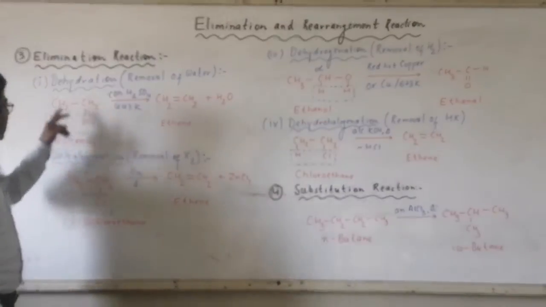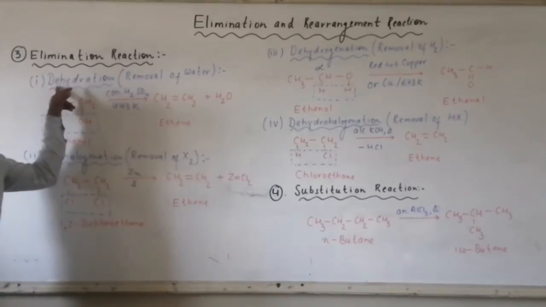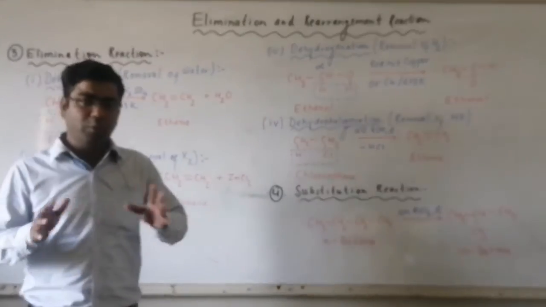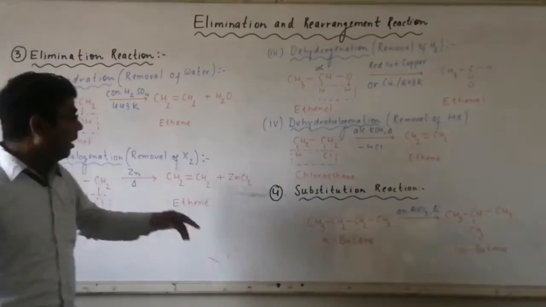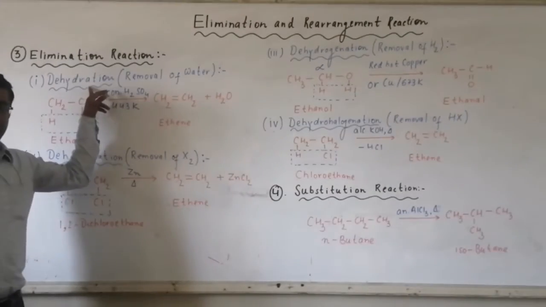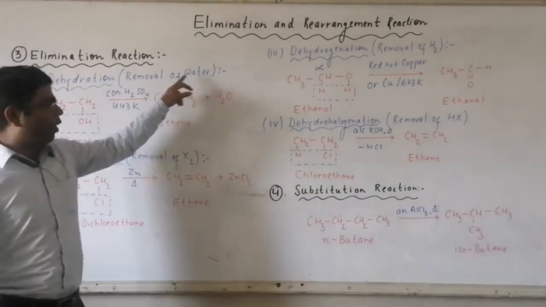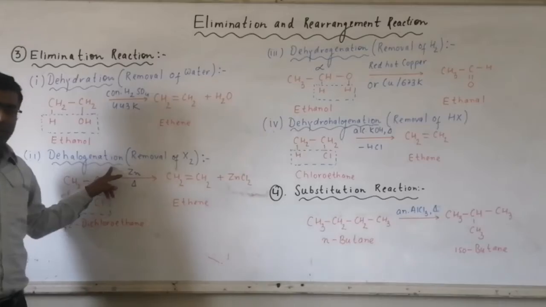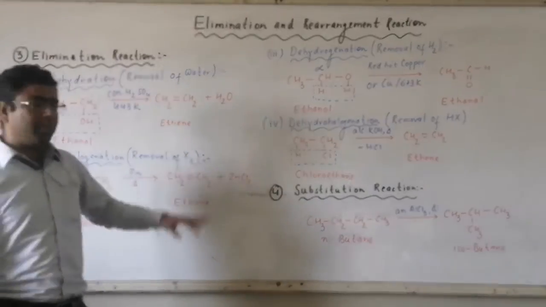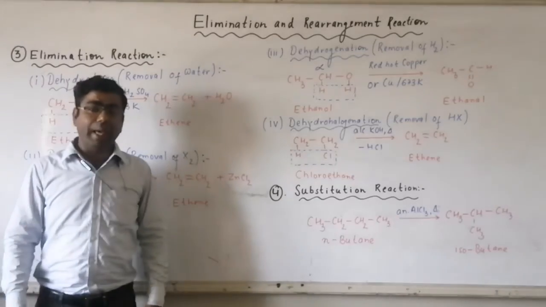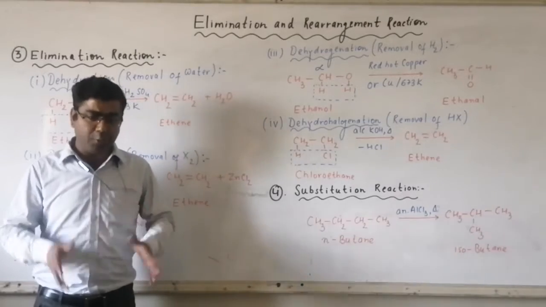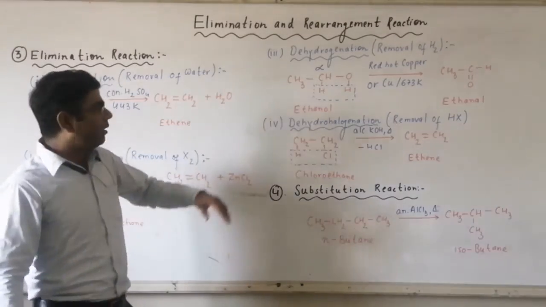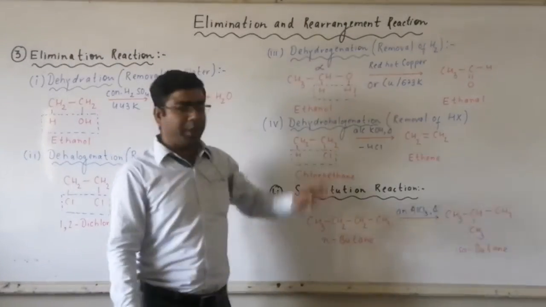Here DE stands for removal. Dehydration, removal of water. Dehalogenation, removal of halogen molecule like Cl2, Br2, I2. Then comes your dehydrogenation.